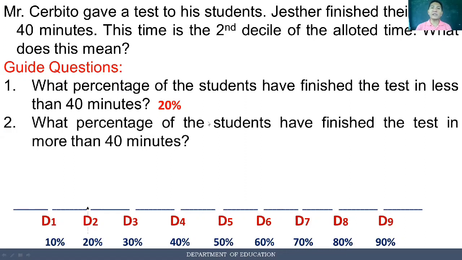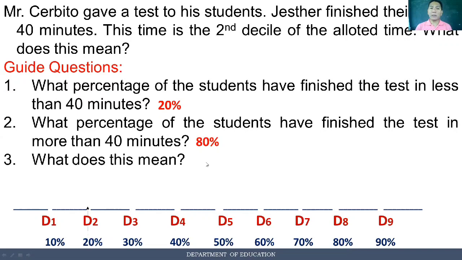And next, what percentage of the students have finished the test in more than 40 minutes? So from decile 2 to the right, how many percent are there? The percentage of the students that have finished the test in more than 40 minutes is 80%. So 80% of the students have finished the test in more than 40 minutes.